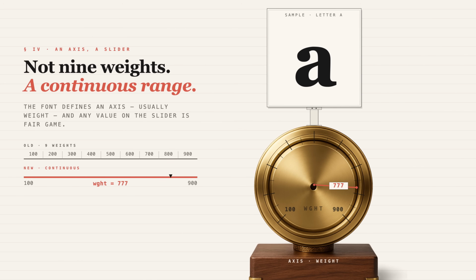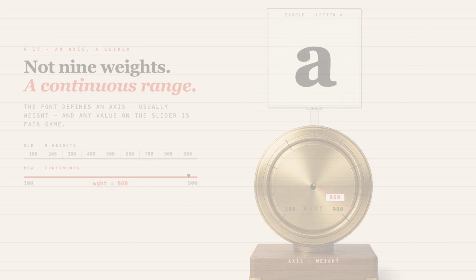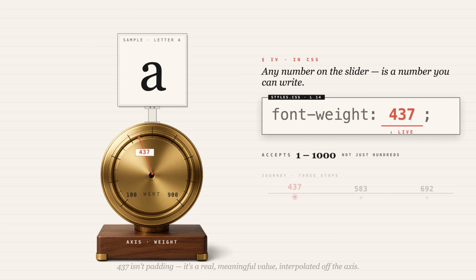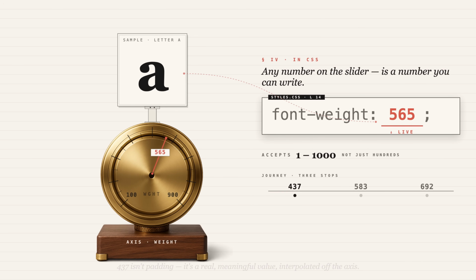You don't pick one of 9 weights anymore, you pick any value on a slider. And in CSS, font weight accepts any number from 1 to 1000, not just hundreds. So when a variable font is loaded, font weight 437 is a real, meaningful value. The browser interpolates that exact weight off the font's continuous axis.